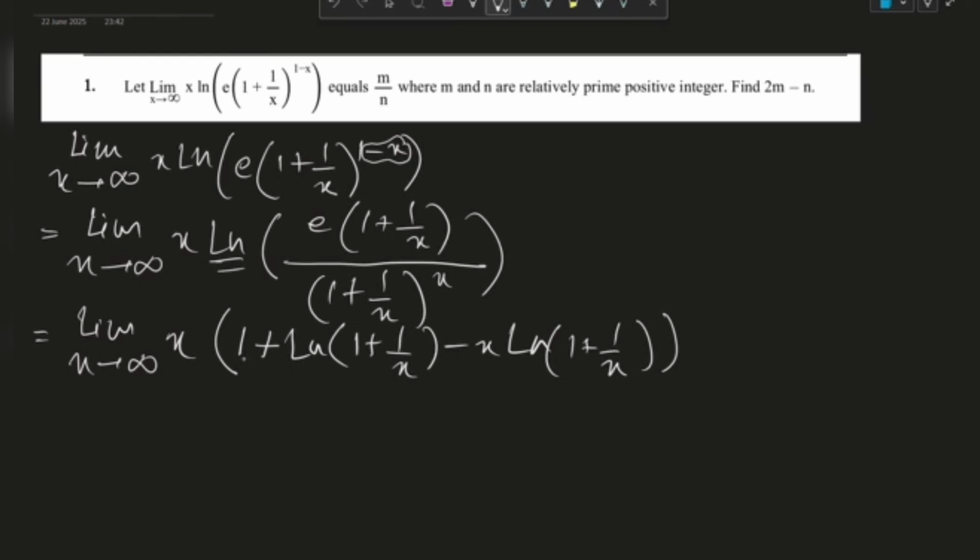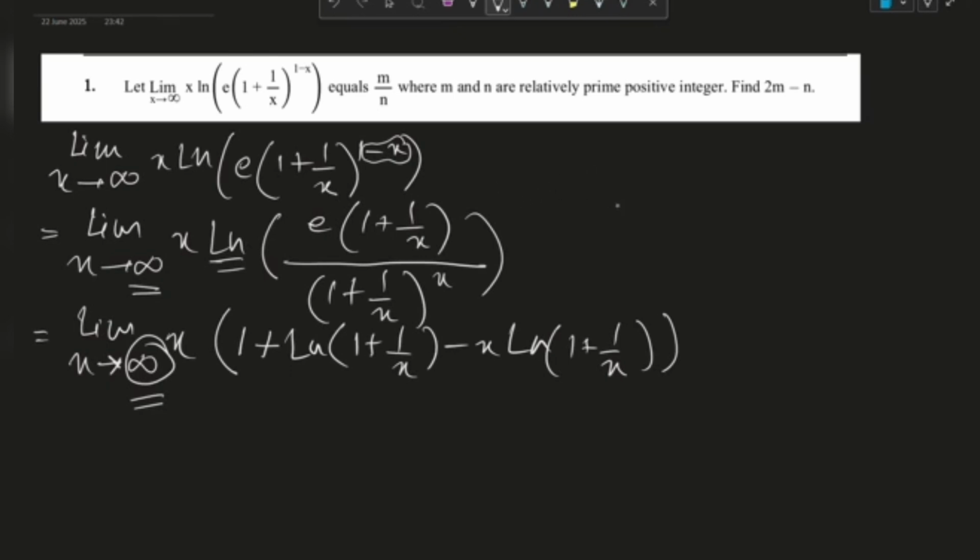Now as x tends to infinity, this particular expression is not looking good. If you have solved standard sums of limits, we usually try to avoid infinity if we don't have something like taking the highest power in the denominator.